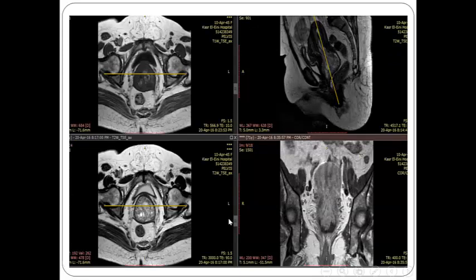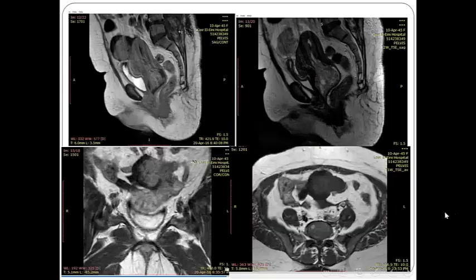So we have a polypoidal lesion with cystic changes. I am with the view that it is towards benignity rather than malignancy because it does not infiltrate, although it has hemorrhagic cystic changes within. And then we have this adnexal mass with a peripheral cystic lesion, and it is homogeneous on post-contrast.